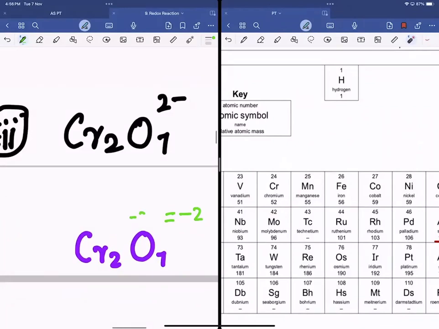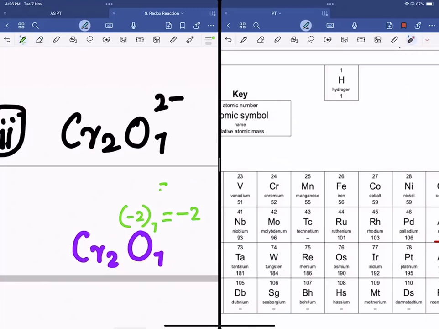So I'm going to put the charge of oxygen, -2 times 7. So if it's -2 times 7, it becomes -14. So what will be the charge over here to get the -2? +12.